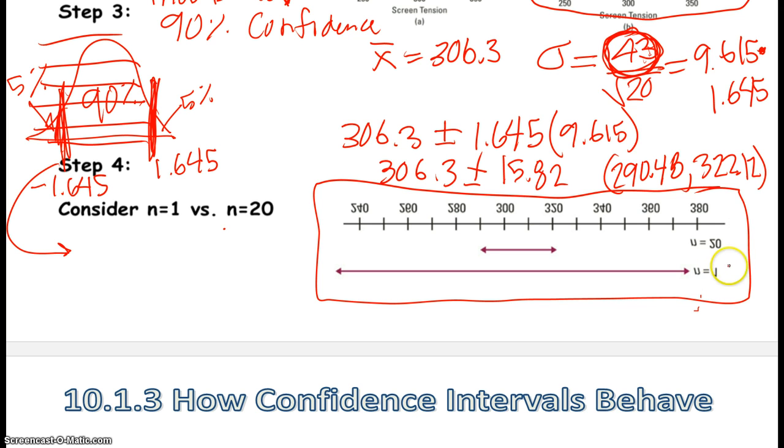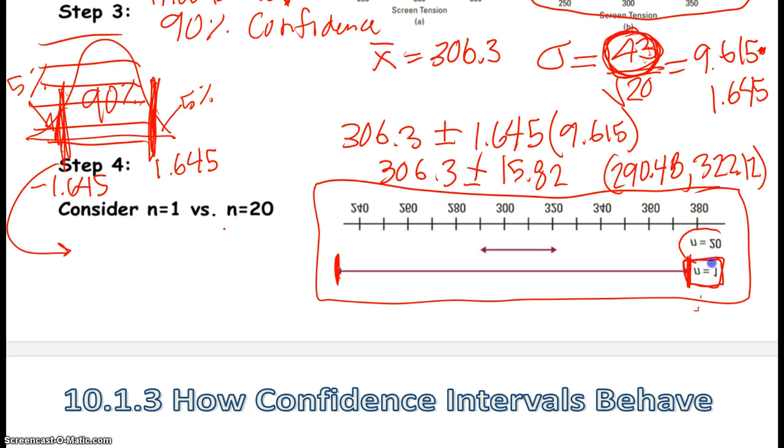If I wanted to be 90% confident in just one single video terminal, I was way out to almost 380 to like 230. So I could say with 90% confidence that the tension was between 230 and 380. That's ridiculous. That's a difference of like 150. That doesn't really state anything. How much confidence could you have?